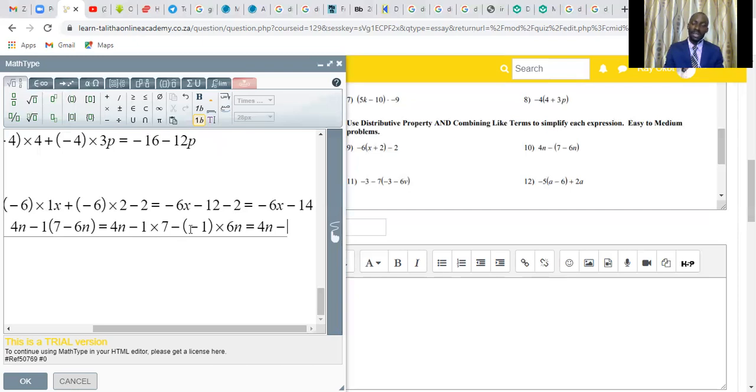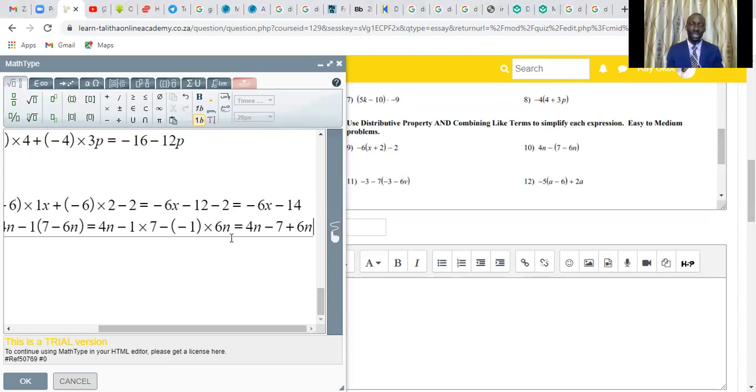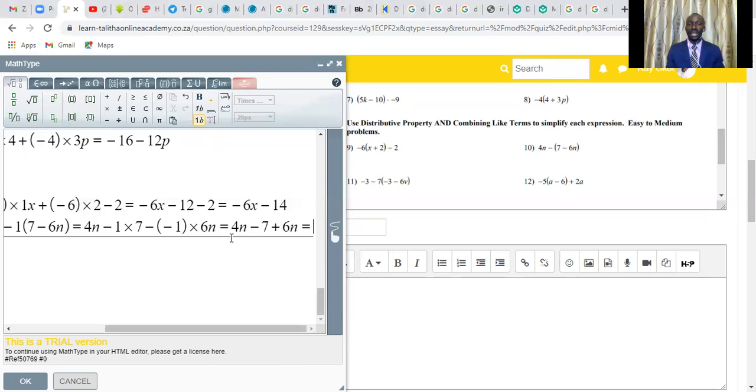Then 1 times 7 is 7. Then the next thing is now what? Negative times negative, which is a plus. 1 times 6 is what? 6. But remember, there is n attached. So at this stage, the next thing we want to do, the thing we don't want to forget is to add these 2 now.